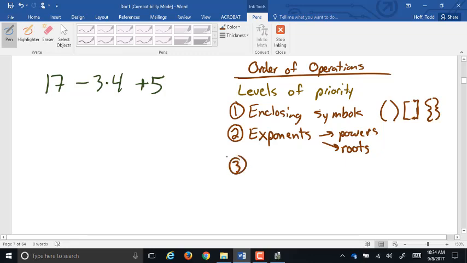Our next, or third level of priority, we get down to the pair of operations of multiplication and division. And finally, our last or lowest level of priority is addition and subtraction.